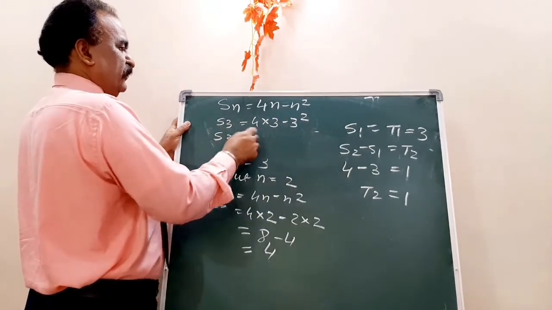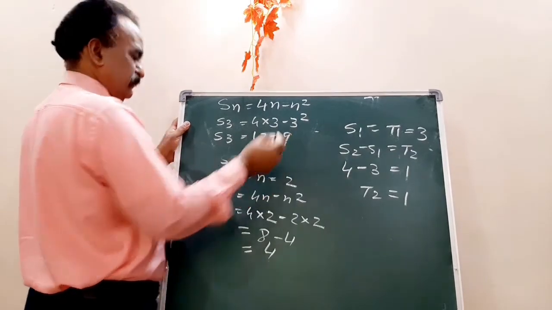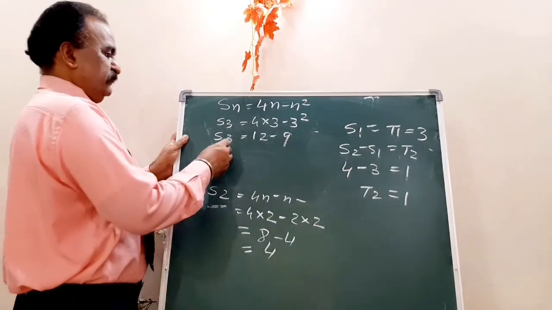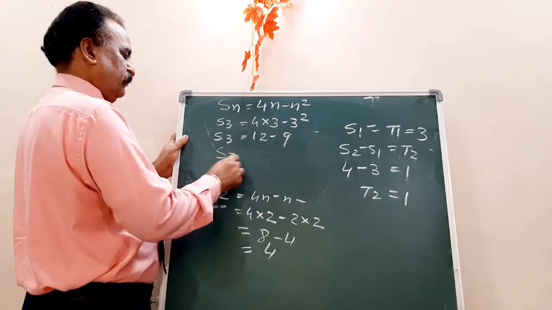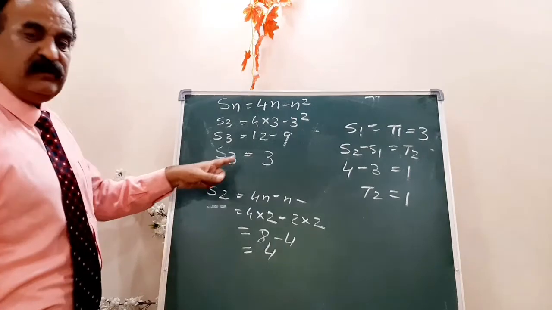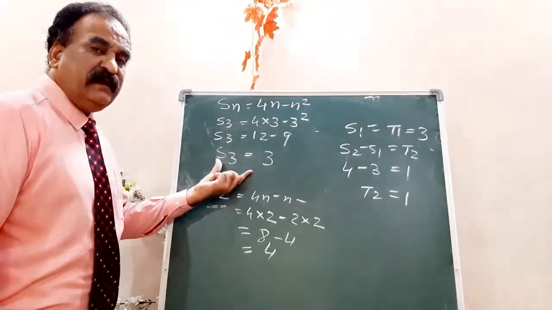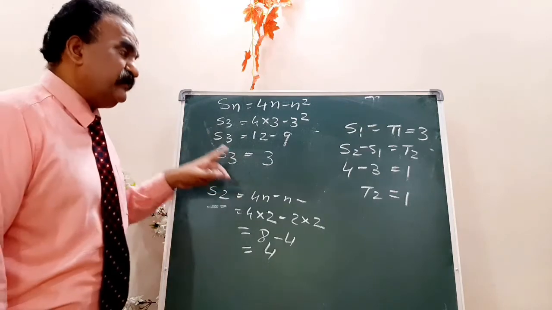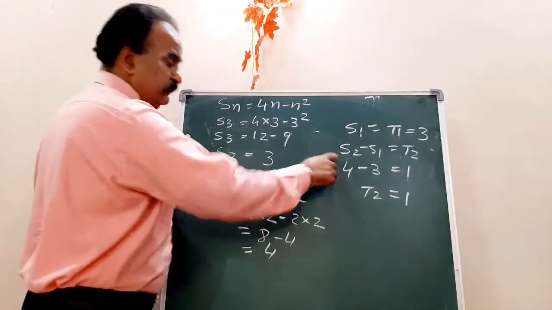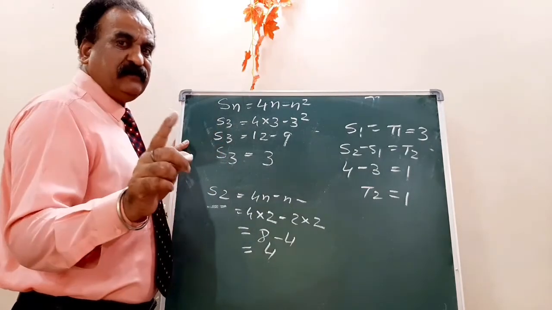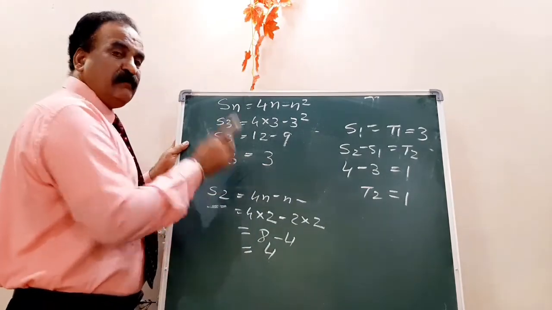So S3 is equal to 12 minus 9, which means 3. So S3 is equal to 3. And what is S3? S3 is the sum of three terms. S2 means the sum of two terms. And S1 will be the first term.